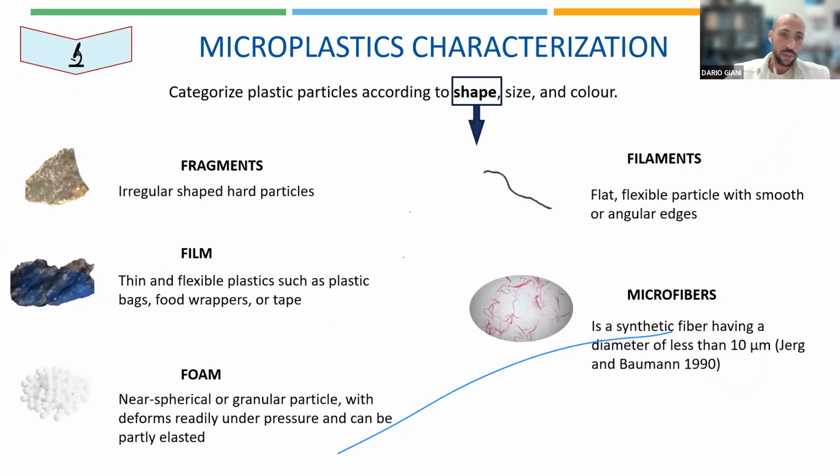We find the fragments, so irregular shaped and hard particles, the films that are tiny and flexible plastics such as plastic bags, food wrappers, or tape, foam particles that are near spherical or granular and easily deform under pressure, the filaments, a flat flexible particle with a smooth or angular edge, and the microfibers, that are synthetic fibers having a diameter of less than 10 microns.